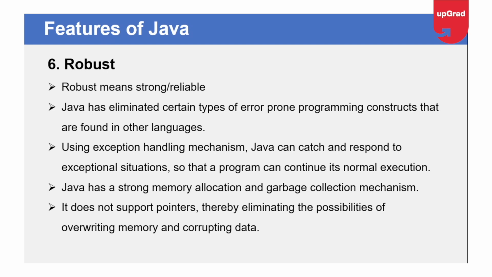We always consider all the situations and give a path to all the situations so that the program can continue its normal execution. We already talked that Java has a strong memory allocation and garbage collection mechanism, hence it's reliable. It does not support pointers explicitly, hence the possibilities of overwriting the memory or corrupting it are not there.